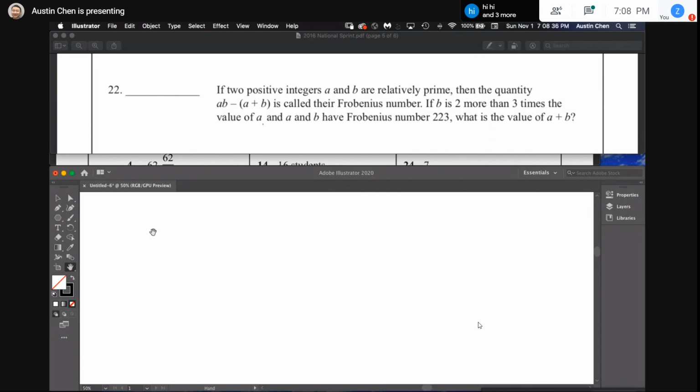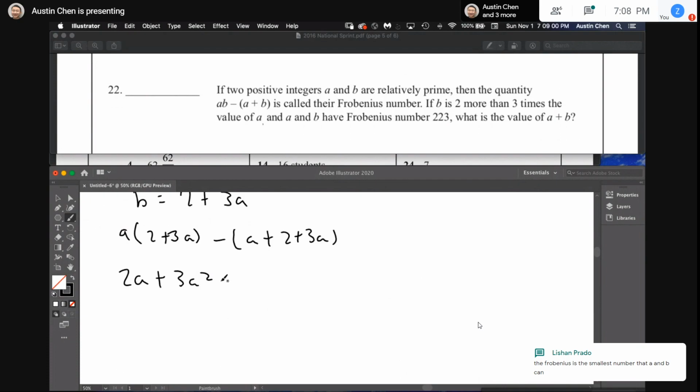All right, so it's saying b is 2 more than 3 times a, right? So we can just substitute this into the Frobenius number formula, and then our value will be 2a plus 3a squared minus 4a minus 2, and this will be 3a squared minus 2a minus 2.